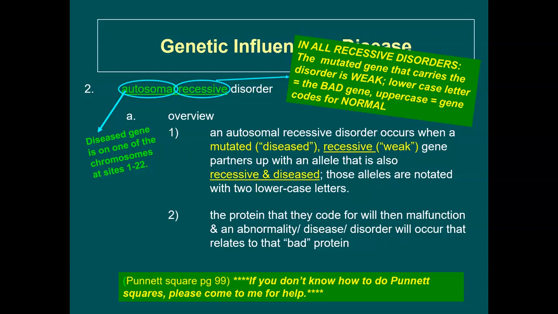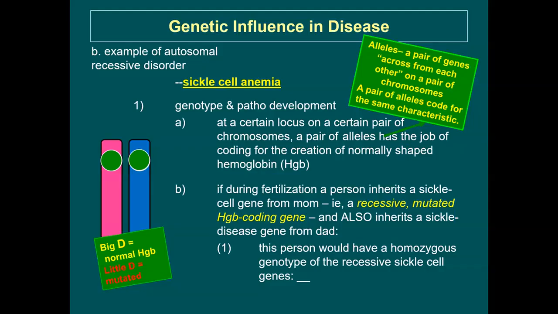So again, with autosomal recessive, the individual must have inherited the recessive and mutated gene from mom and the recessive and mutated gene from dad. Now, our specific example is going to be sickle cell anemia. Again, we talk about a specific allele, a certain allele on the chromosome that is responsible for creating hemoglobin. So this is very specific to sickle cell anemia.